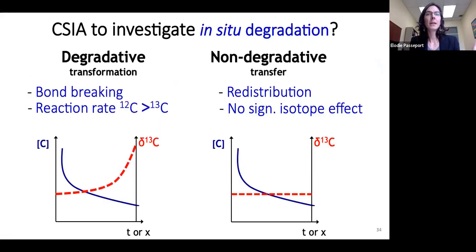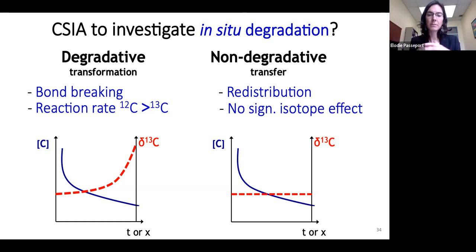Okay, so how can CSIA help us investigate in situ degradation of contaminants? Or how can it help us investigate reaction mechanisms? Typically, during degradative processes or transformation mechanisms that involve the breaking of chemical bonds, there is what we call an isotope fractionation.